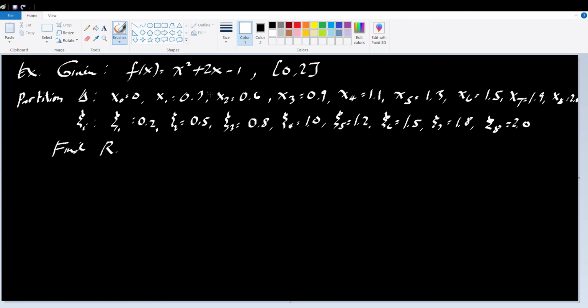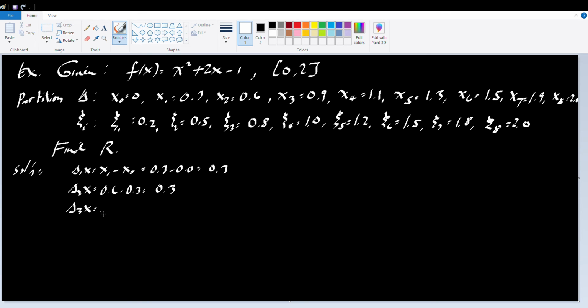Okay. So we need to find first the width of each subinterval. So we start with delta sub 1 x, which is x1 minus x0. That will be 0.3 minus 0, which is 0.3. Delta sub 2 x, that will be x2 minus x1, 0.6 minus 0.3 is 0.3.